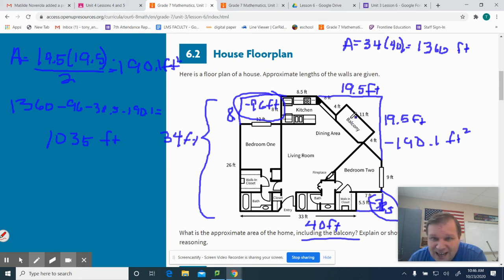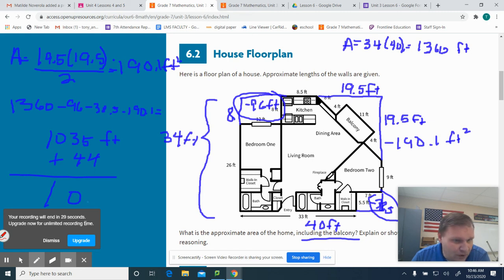So that means I've got to add 44 feet back into this. And so when I do that, that's going to give me about 1,079 total square feet. Okay? That's a lot of work. You may have to listen to this one again.